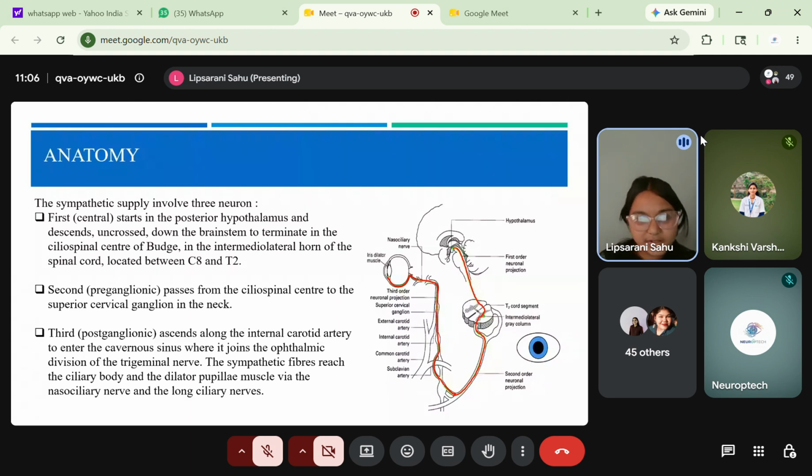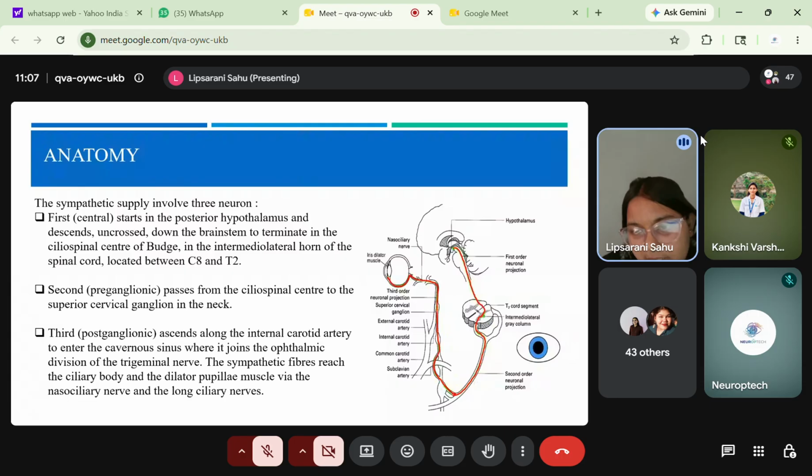Then the third order neuron exits along the internal carotid artery and the cavernous sinus, where they join the ophthalmic division of the trigeminal nerve. The sympathetic nerve also contains vasomotor fibers, which maintain the tone of blood vessels, pseudomotor fibers, which maintain sweating, and pupillomotor fibers, which control the tone of the pupil.